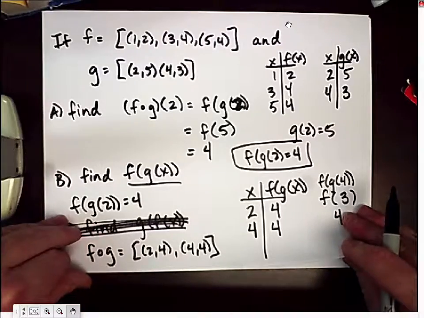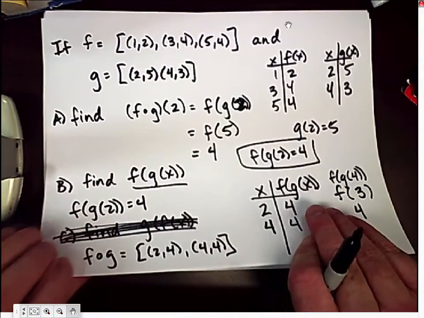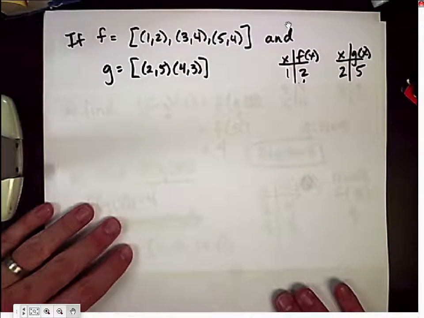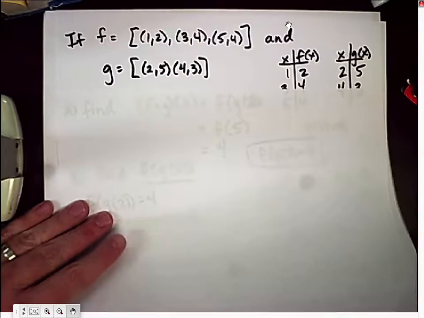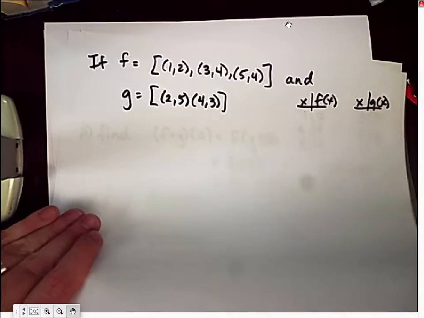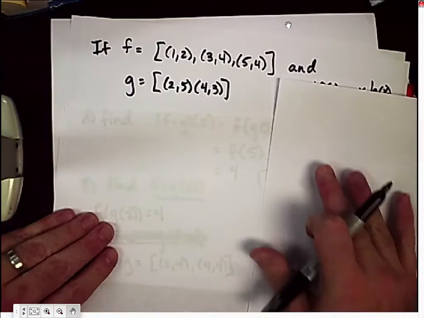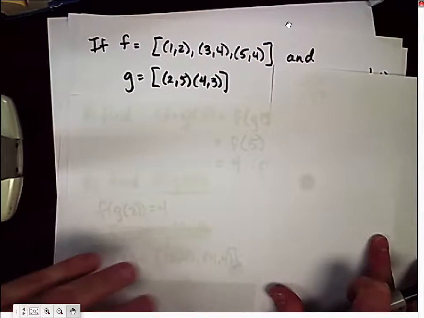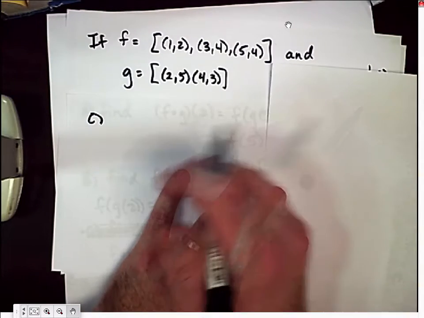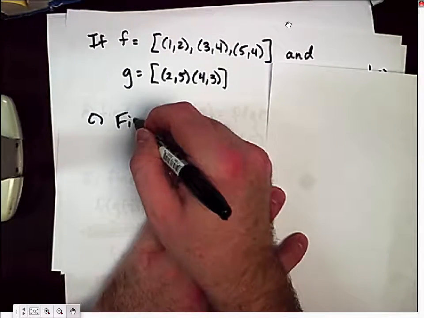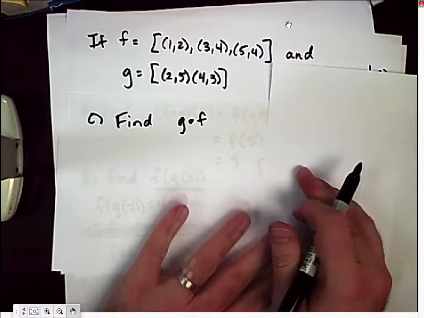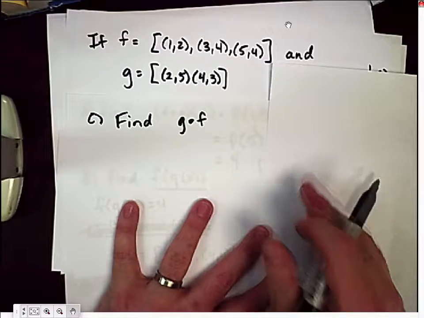Now let's find G circle F. Okay? So ignore that. Okay. So part C, I'm going to ask you to find G circle F. Okay?